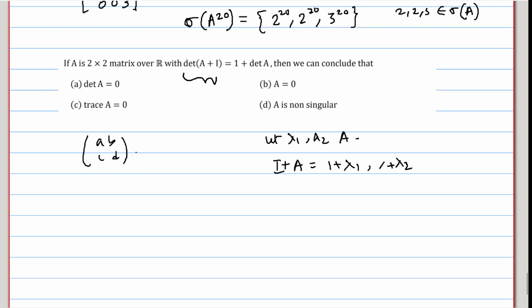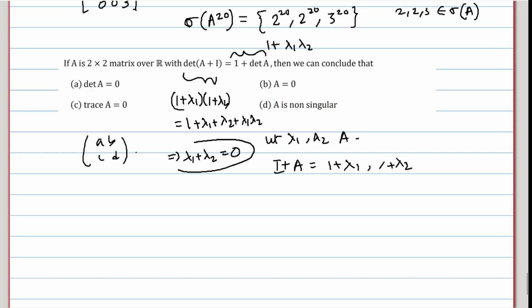So the determinant of A plus I will be 1 plus lambda 1 times 1 plus lambda 2, which is 1 plus lambda 1 plus lambda 2 plus lambda 1 lambda 2. And 1 plus determinant of A is 1 plus lambda 1 lambda 2. This just means that lambda 1 plus lambda 2 is 0. So that means the trace is 0.